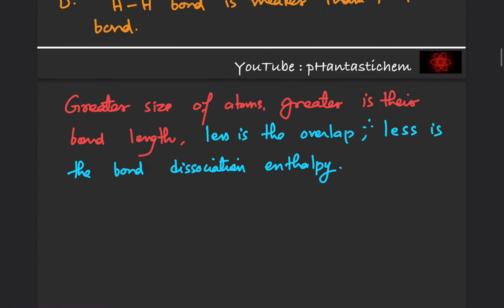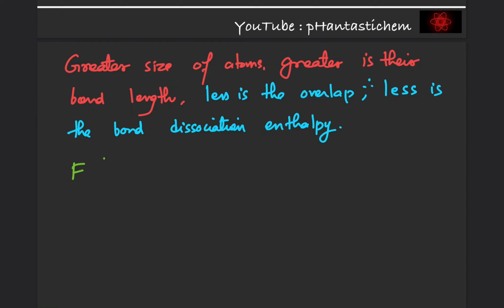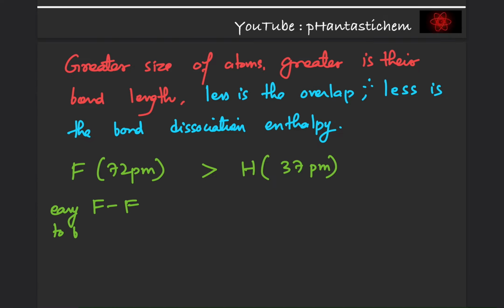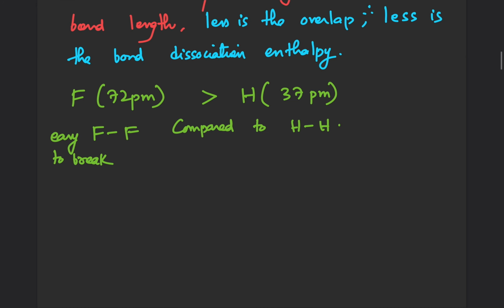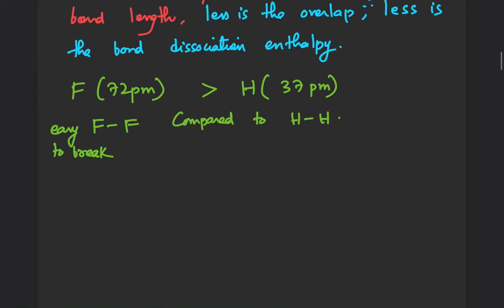So, fluorine has size 72 picometer, is bigger than hydrogen whose size is 37 picometer. So therefore it is easier to break a FF bond, easy to break FF compared to HH, right? Also, greater the number of lone pairs of electrons present on the bonded atoms, greater is the repulsion between the atoms.